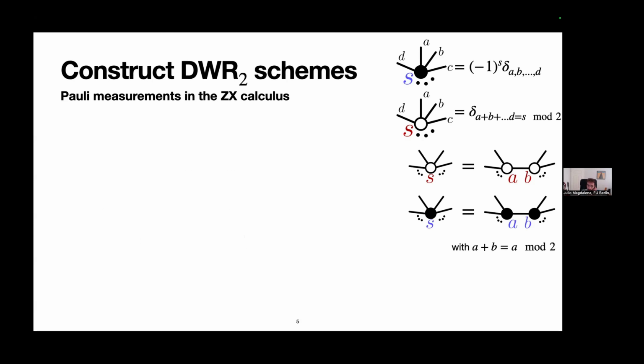So I will use the X calculus in a slightly different notation than maybe most of you are used to. I apologize for that, but I didn't want to redo all the figures. I will represent these projectors onto definite measurement outcomes via small tensor networks composed of very special tensors, namely tensors in the Clifford fragment of the X calculus.